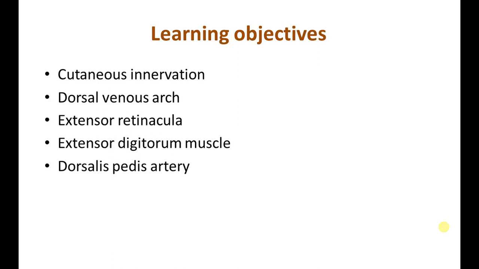That is the sensory nerve supply to the skin of the dorsum of foot, then the dorsal venous arch, which is responsible for the formation of the two great veins, the great saphenous vein and the small saphenous vein, both superficial veins. Then we are going to discuss the retinacula of the foot, especially the extensor retinacula.